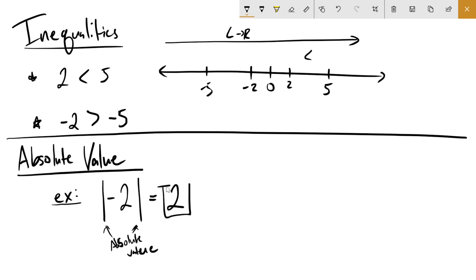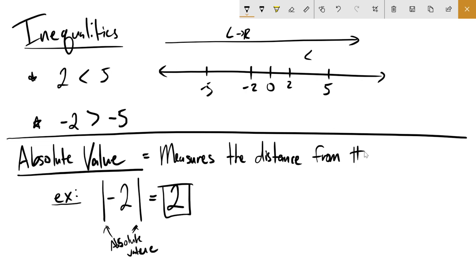The absolute value of -2 is in fact +2. That's true. The reason is that the absolute value is actually a measurement of a distance. What the absolute value does is it measures the distance from a number to 0.